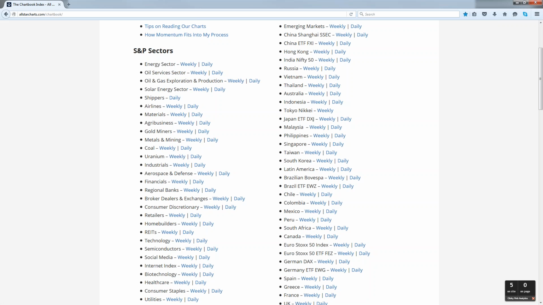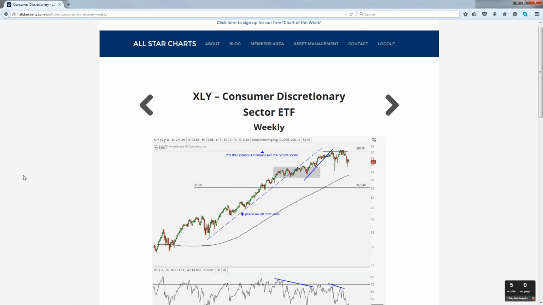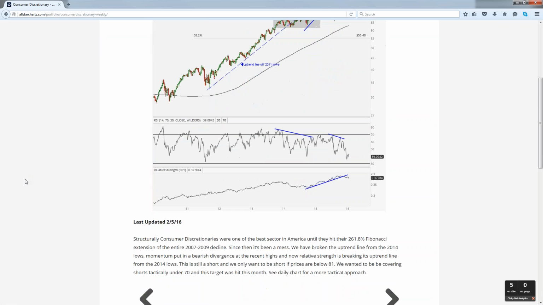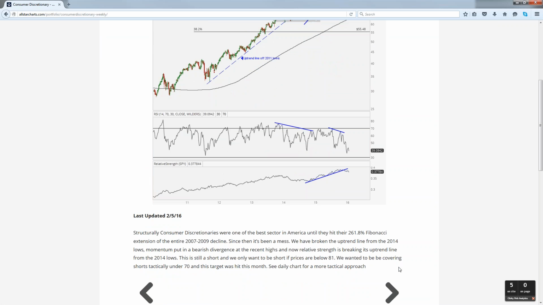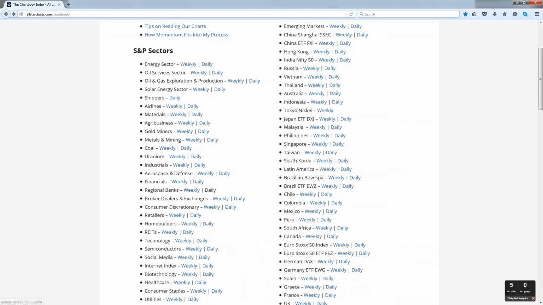What this does is that it shows us exactly, for example, we can look at consumer discretionaries. We're looking at it on a weekly time frame to get a much more structural perspective. There is comments on every single chart. And we look at everything on a daily perspective too. So the weekly charts are there to get a structural view, get a big picture outlook, and then the daily charts are more for tactical and execution purposes.